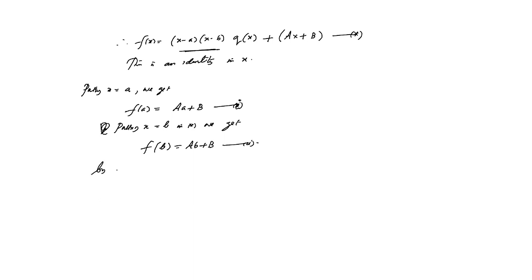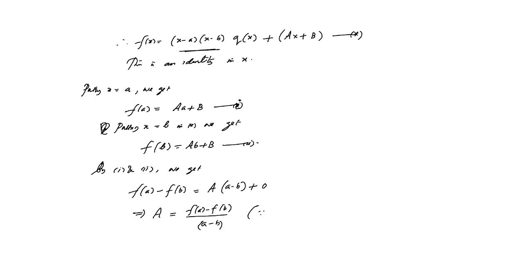So here by 1 and 2 we get f(a) minus f(b) equals A(a minus b) plus 0. What is the value of the constant A? A is basically [f(a) minus f(b)] by a minus b. Since a not equal to b, this is given, so a minus b is non-zero, so we can divide it. So we get the value of A.